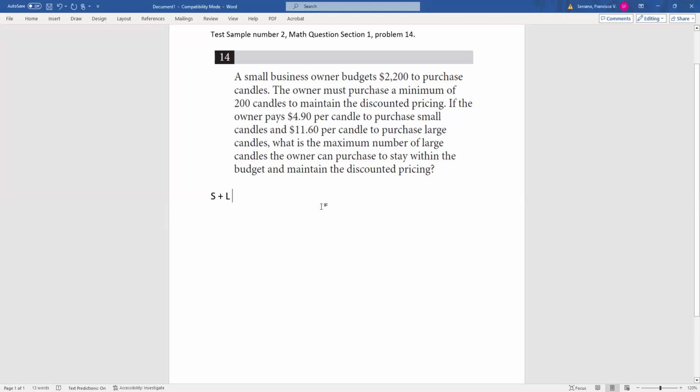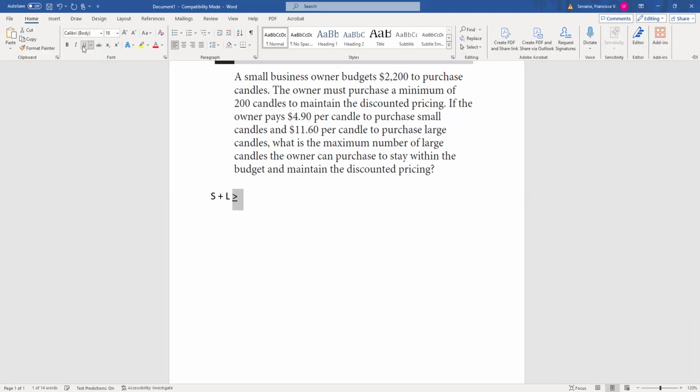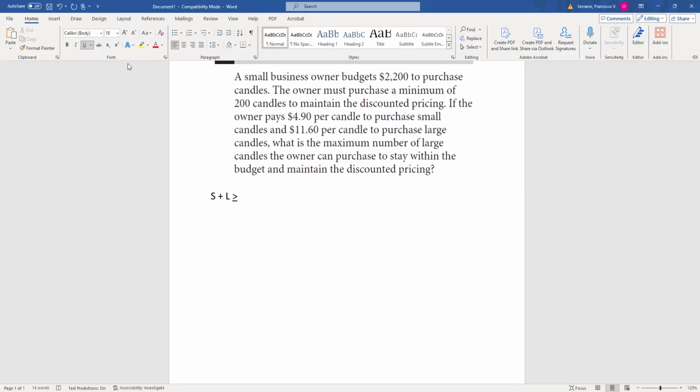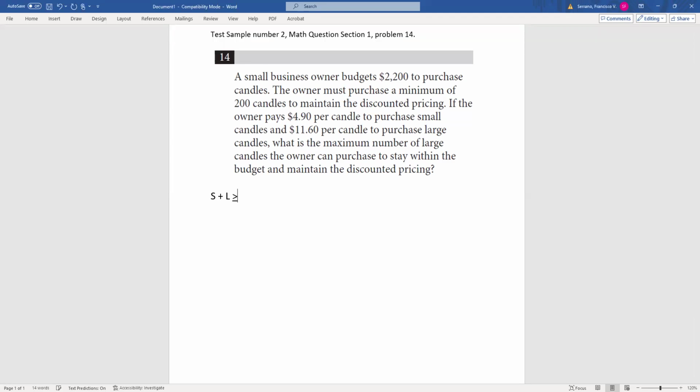S plus L has to be at least 200. So you have to buy at least 200 candles. So 200.